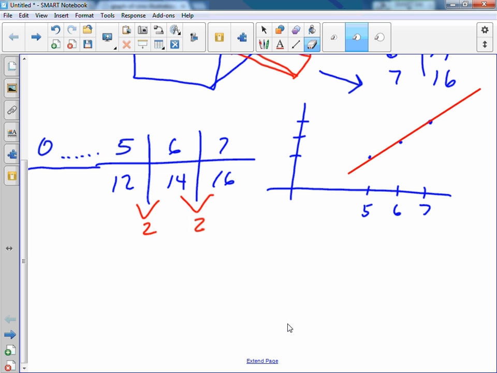Florian? It's 2. Where did he get that, Hannah? Did he work backwards? There's other ways to do it. He took the differences. Good. So it is 2. Is that how you did it, Florian, or did you do it a different way? I figured out the equation.